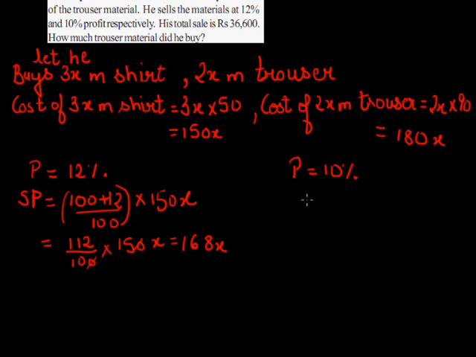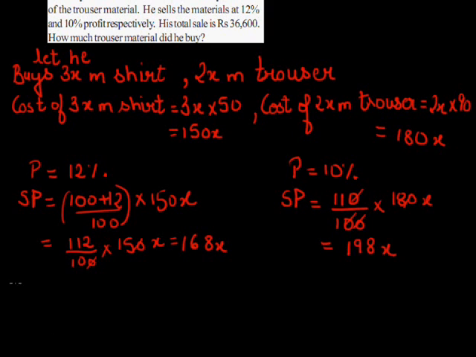Now in the case of trouser, CP is 180x and profit is 10%. I can calculate the SP. SP is equal to 100 plus gain percent, that is 100 plus 10, 110 upon 100 into cost price, that is equal to 180x. Cancelling zeros, SP will be equal to 198x.